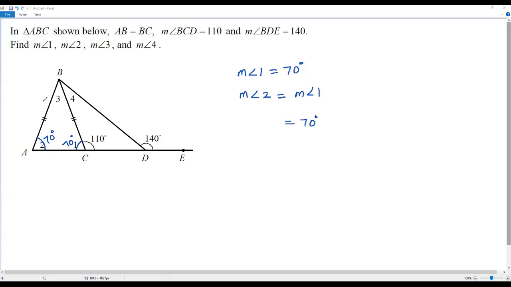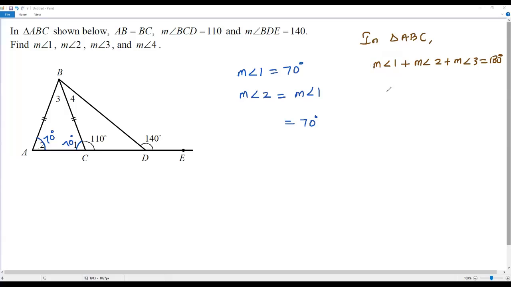Now let's consider triangle ABC. Angle 1, angle 2, and angle 3 are the interior angles of triangle ABC. By the angle sum property of a triangle, the three interior angles of any triangle must add up to 180 degrees. So angle 1 plus angle 2 plus angle 3 equals 180 degrees.